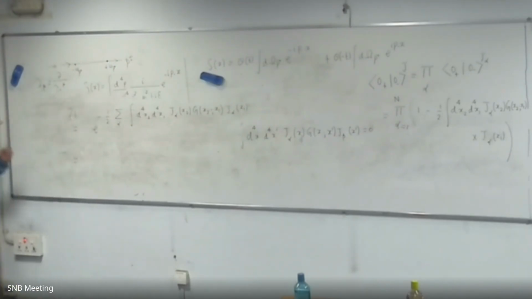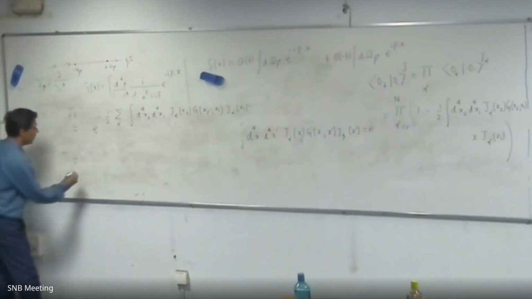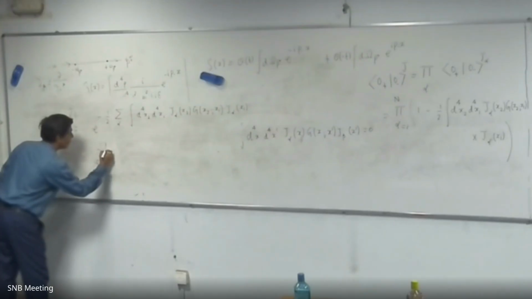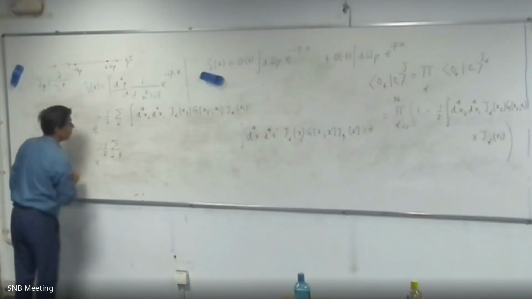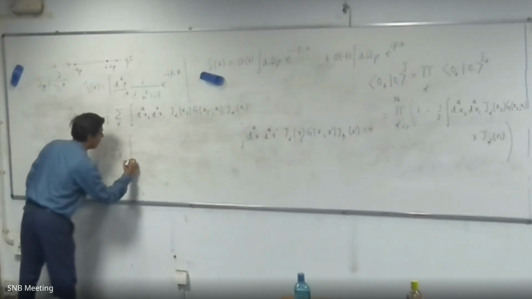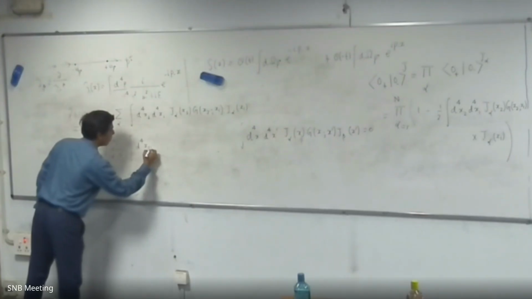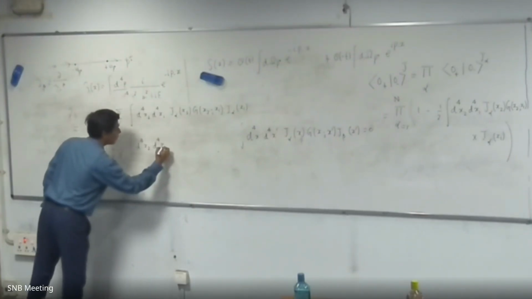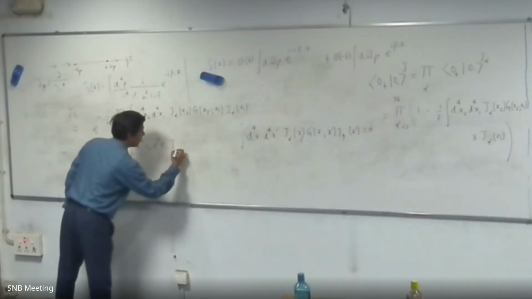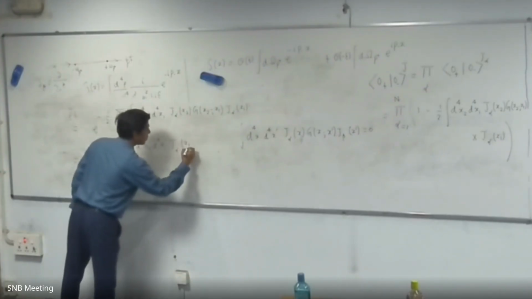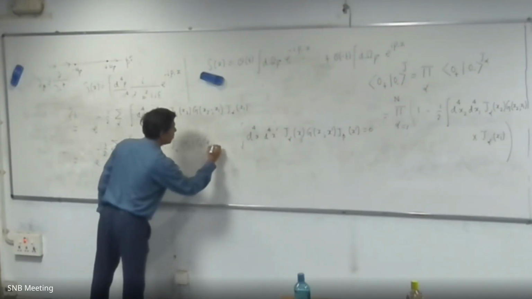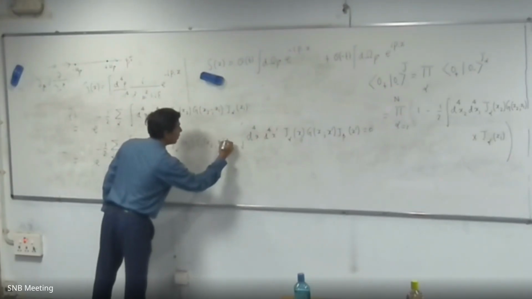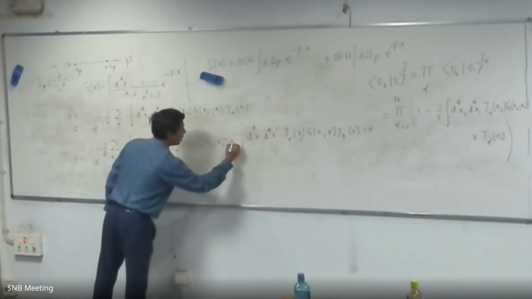So now you can write this thing as e to the power of minus half summation over alpha beta, integral d4x2 d4x1 J alpha(x2) G(x2; x1) J beta.